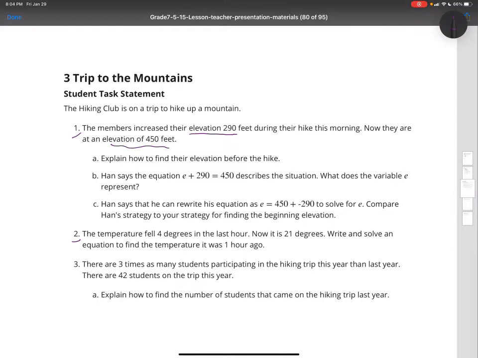Well, how I would approach part A is, okay, 450 minus 290. And they say explain how to find their elevation before the hike. Well, if I had to write this down into a sentence, I could put that we can subtract or take away 290 from 450 to find the elevation.